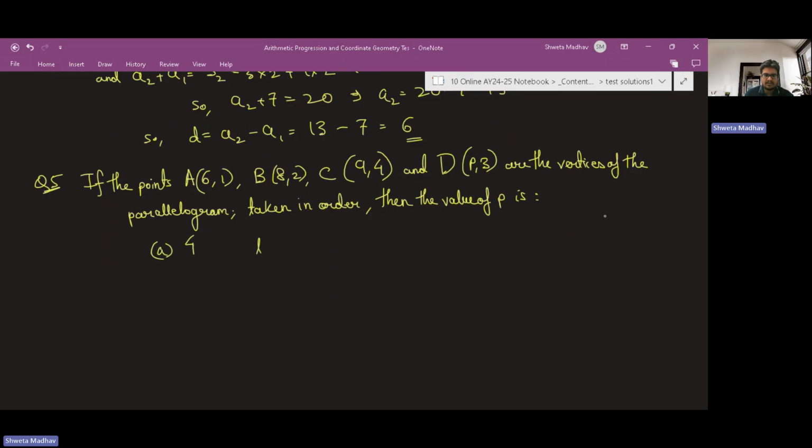Options: A that is 4, B that is minus 6, C that is 7, D that is minus 2.